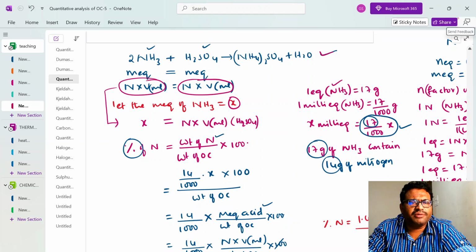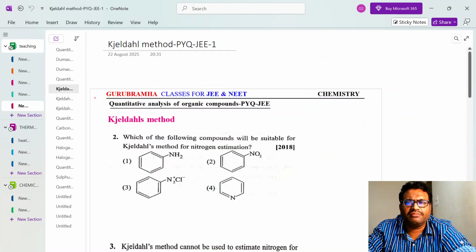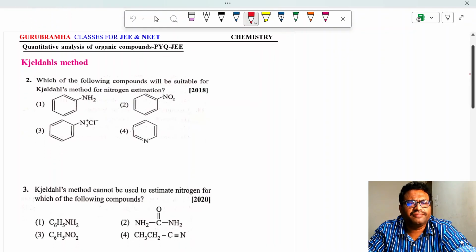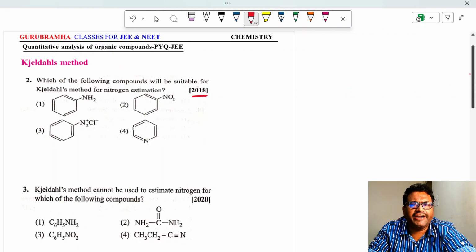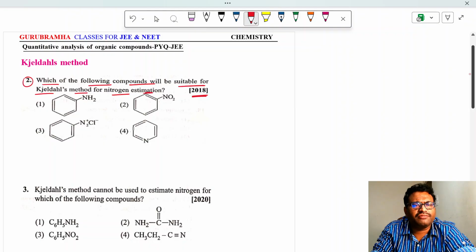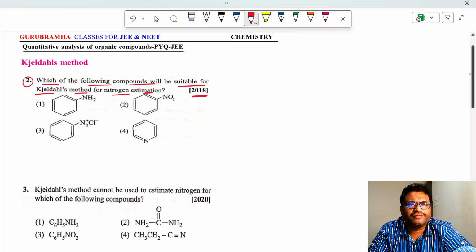Let us see some PYQ on this Kjeldahl method of JEE Main. It was asked in 2018. Which of the following compounds will be suitable for Kjeldahl method for nitrogen estimation? Normally we have seen if nitro group is present, it is not possible. If nitrogen is present in a ring, it is not possible.